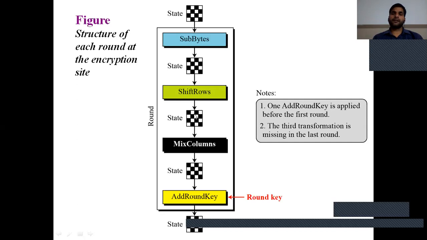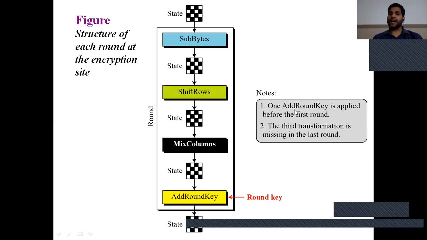We apply MixColumns on this output, then we find the next output of the state array, and last we apply AddRoundKey on this state data and find the ciphertext.